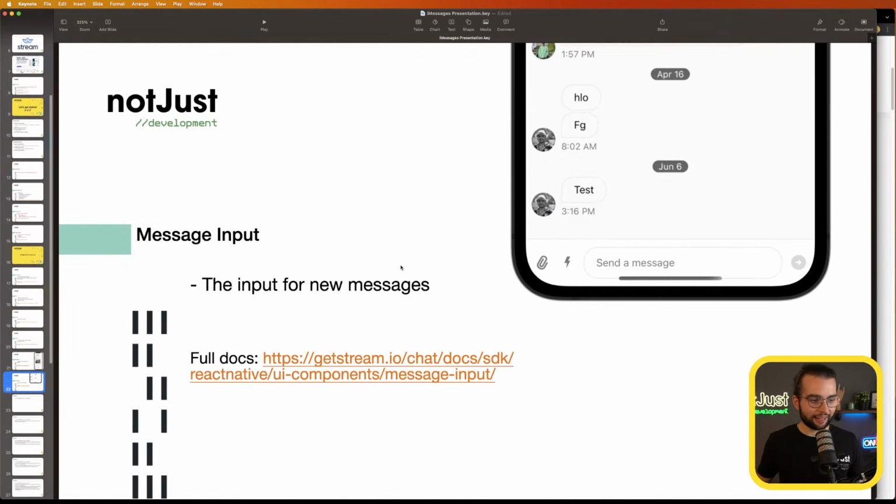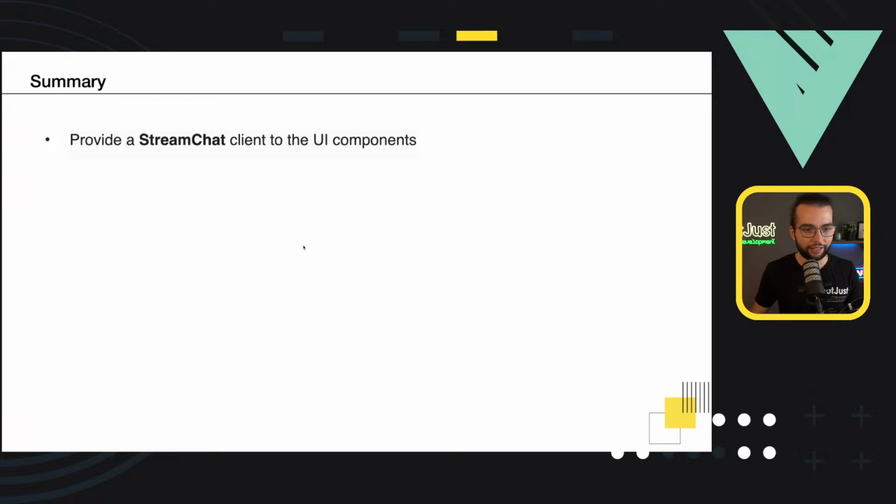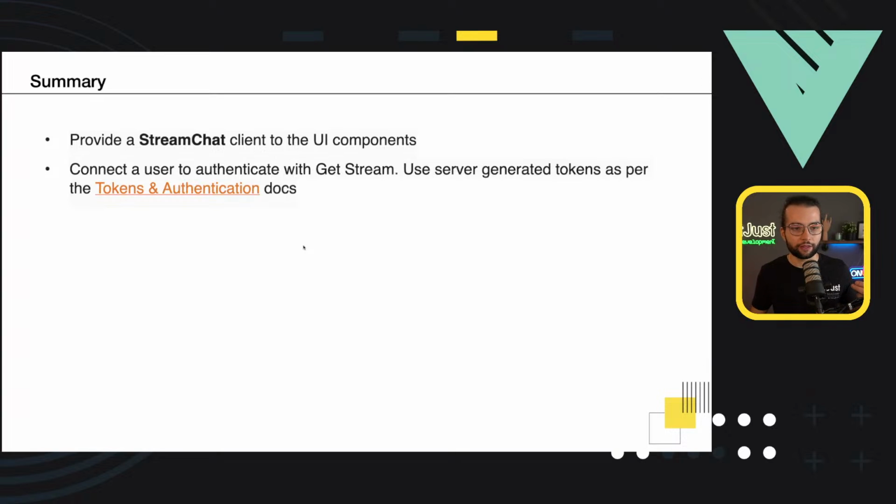So let's sum up everything that we did so far. In order to make our Stream Chat work, we first have to initialize the client. Then we have to connect a user to Stream Chat, and we're going to do that using the generated token from the documentation, and we're going to see that in a moment.